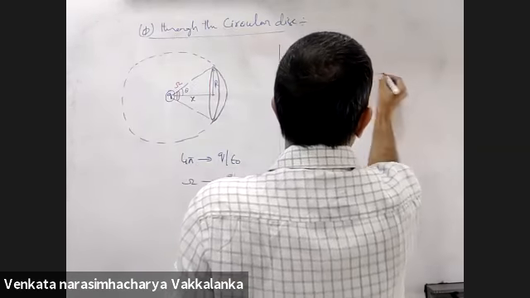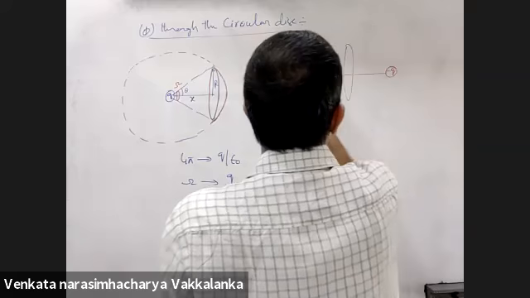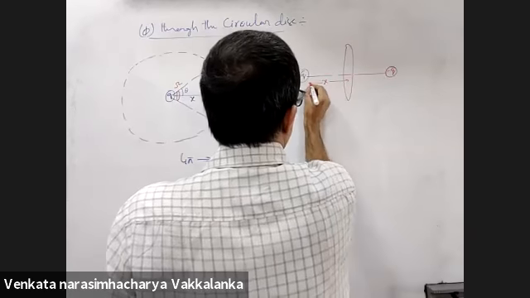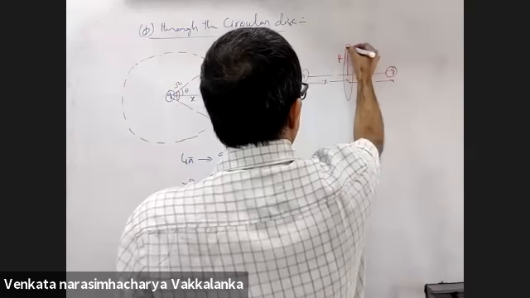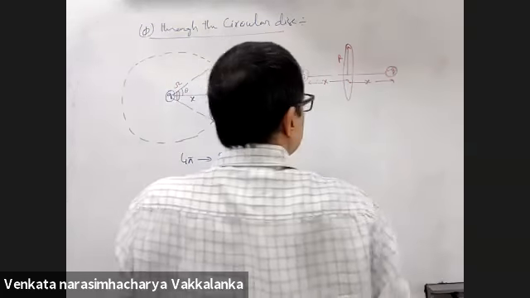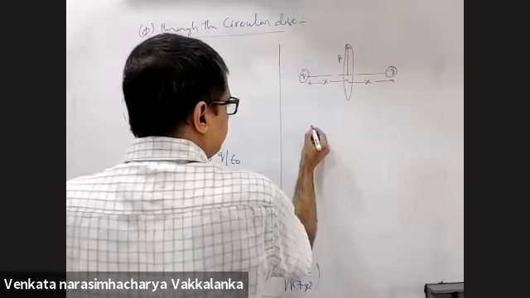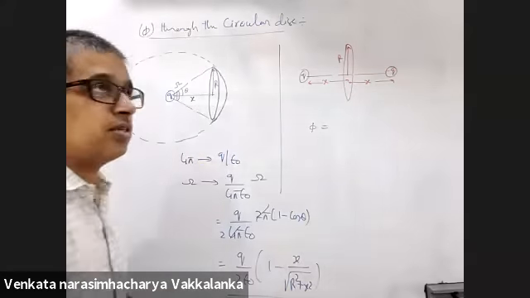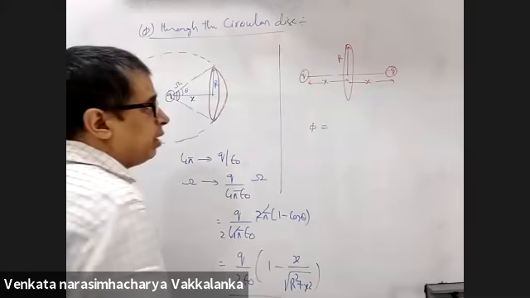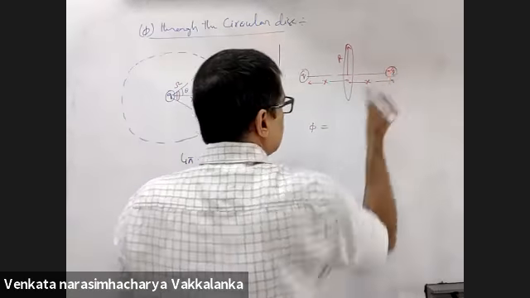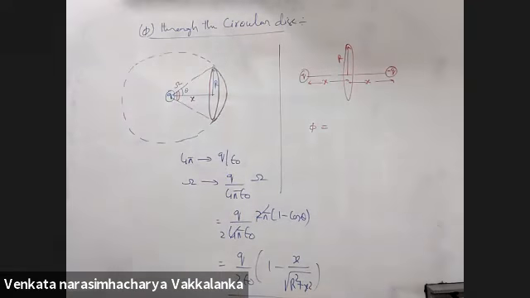I have now q and minus q. What will be the flux through this particular surface? Q and minus q. What will be the flux through that circular disk?